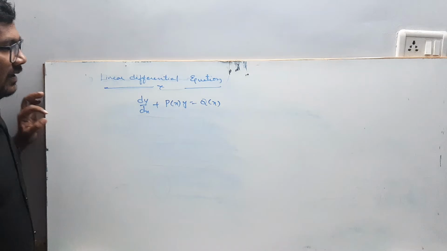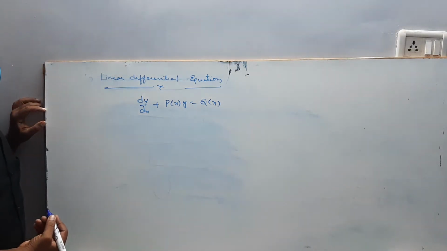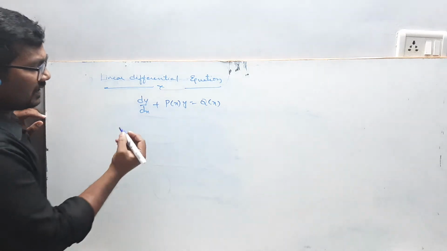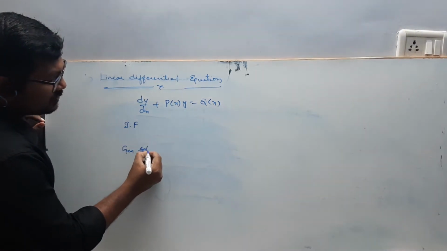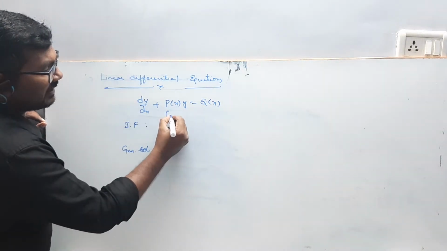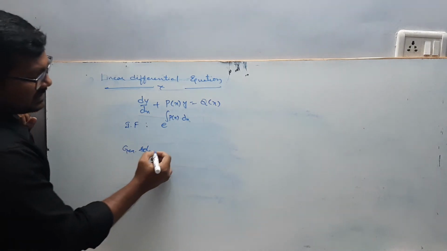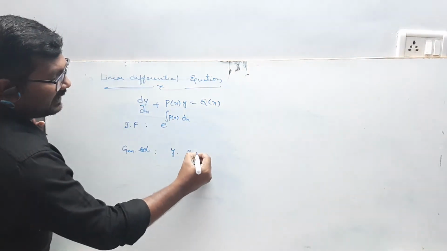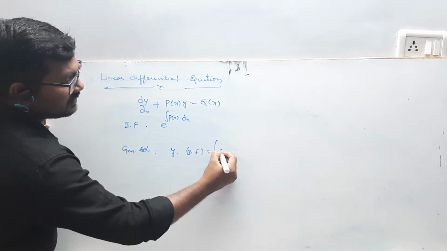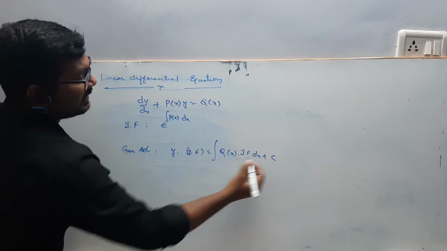After recognizing that the given differential equation is linear, we look for the integrating factor and the general solution. The integrating factor is e power integral of P of x dx, and the general solution is y into integrating factor is equal to integral of Q of x into integrating factor dx plus c.